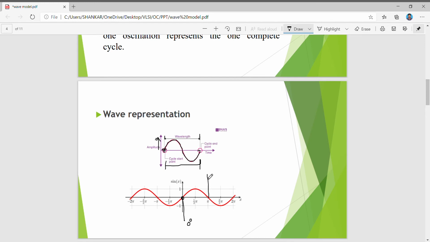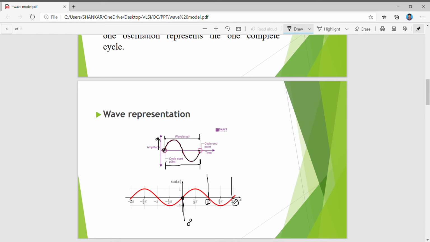This point represents the completion of one half cycle, with an angle of pi, which means 180 degrees. The completion of the other half cycle takes another pi, another 180 degrees, so pi plus pi gives an angle of 2 pi.